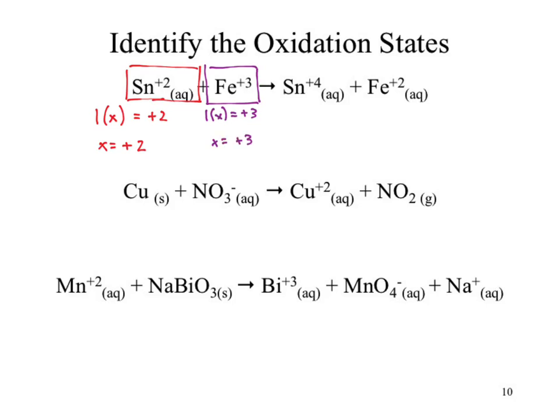If I go to the product side and do the exact same thing up to my operator, 1 times X equals +4, X equals +4. 1 times X equals +2, X equals +2.